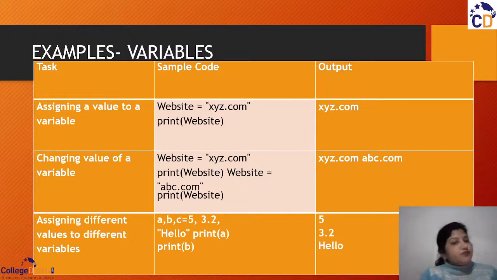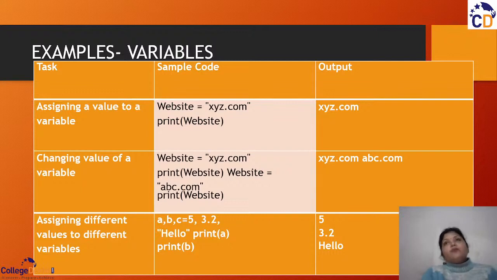First we assigned the value xyz.com to the website, and in the next statement we changed it: website is equal to abc.com. If it is a constant, we cannot change the value, because constants hold values which cannot be changed later. So these are the differences between a variable and a constant.